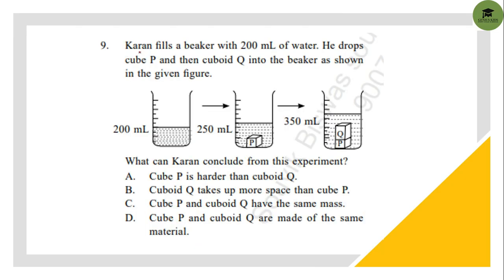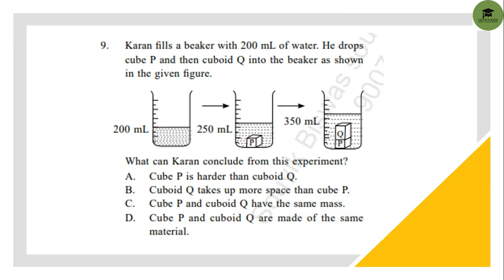9. Karen fills a beaker with 200 milliliter of water. He drops cube P and then cuboid Q into the beaker as shown in the given figure. You see, this is 200 milliliter of water in this beaker.